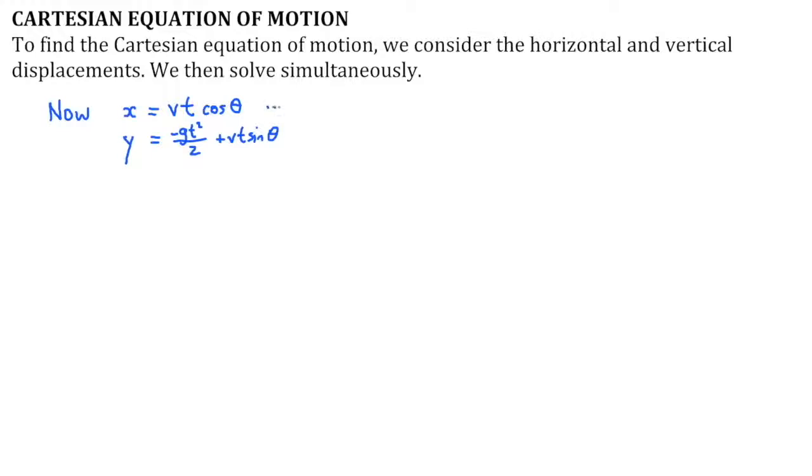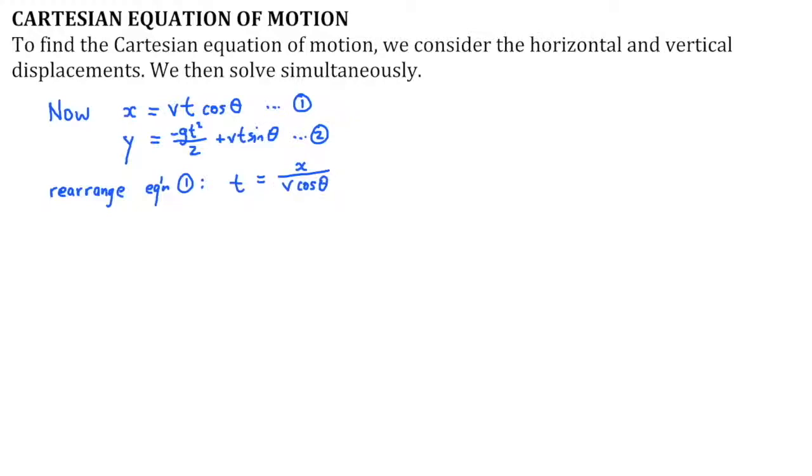But for the rest of this question, I'm going to refer to them as equation 1 and equation 2. So what I'm going to do is rearrange equation 1. If I rearrange equation 1, I can get it to say t equals x over v cos theta.